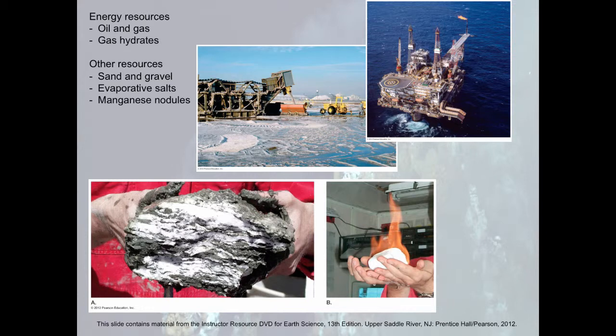Gas hydrates are methane hydrate, which is a hydrated form of natural gas, or clathrates is another term for them. These are physical deposits. These are hard deposits of methane or natural gas that exist on the ocean floor in very, very cold and high pressure situations. That's why they're solid.